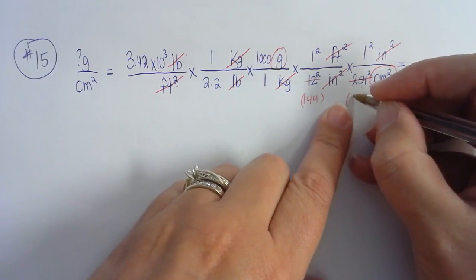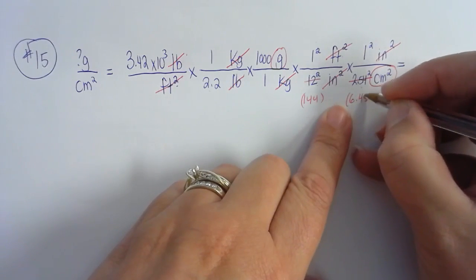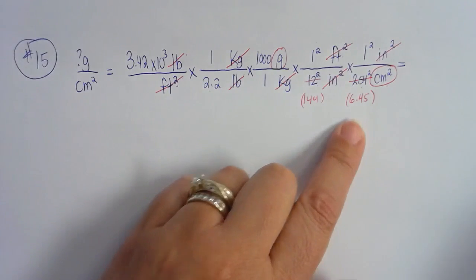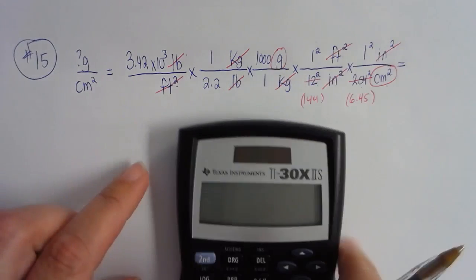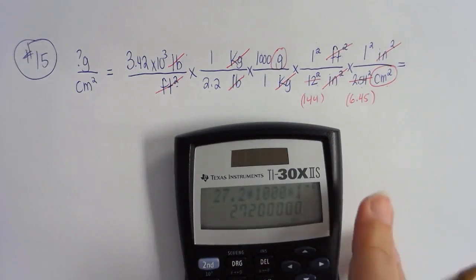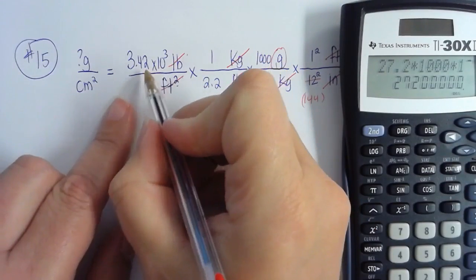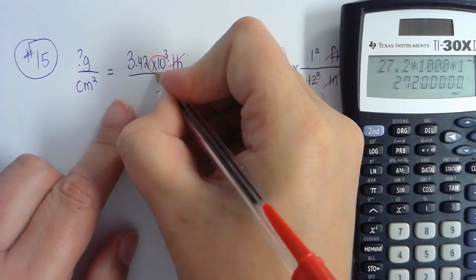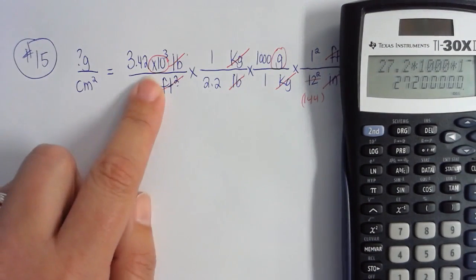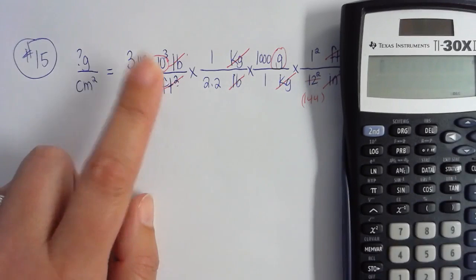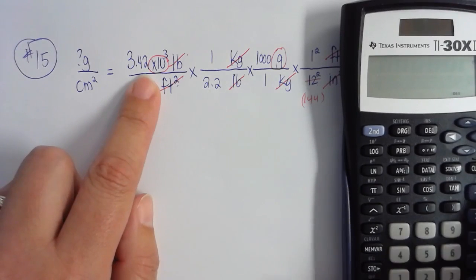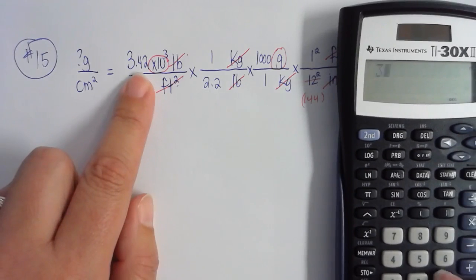6.45. Okay. On your calculator, I also need to show you something else. This whole scientific notation number has a unique way of being entered into the calculator, and if you don't do it right, you're going to get a wrong answer in the future. When you're doing a scientific notation calculation, you start with the 3.42. Type it on your calculator.